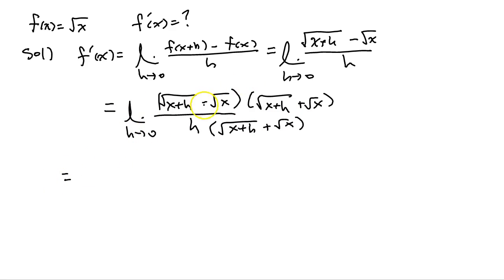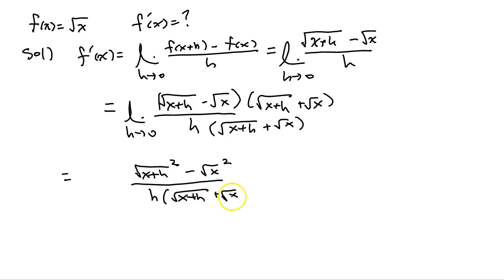Okay, if you have a difference and a sum multiplied together, you're going to get (square root of x plus h) squared minus (square root of x) squared over h times (square root of x plus h plus square root of x). Limit h going to 0. Actually, square roots and squares cancel.